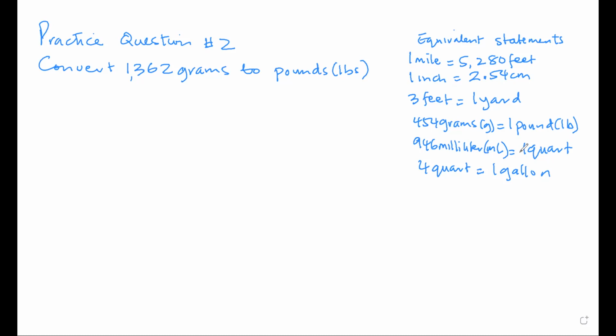So we analyze the problem. We do know 1,362 grams. We do not know the pounds. Again, this question means equivalent of 1,362 grams in pounds. So we say equivalent statement.